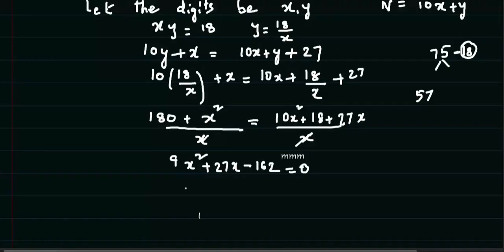So 9 common, you can take out 9 common. x square plus 3x minus 18 equal to 0.